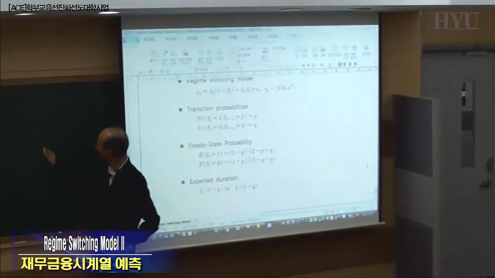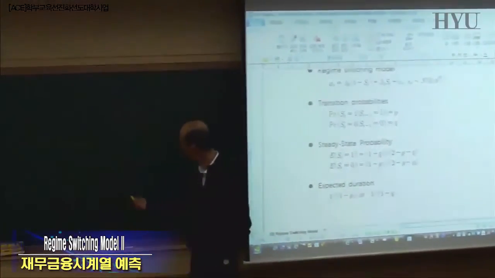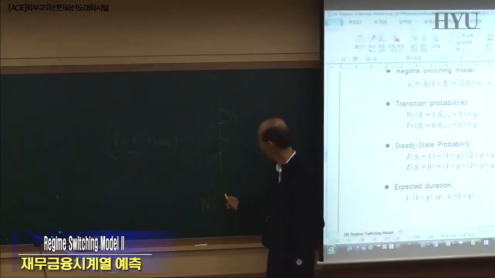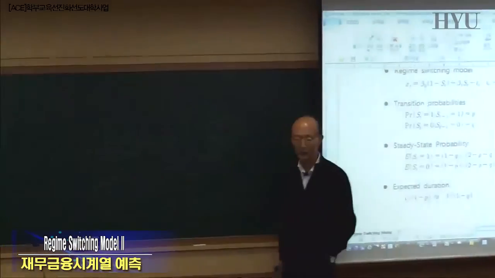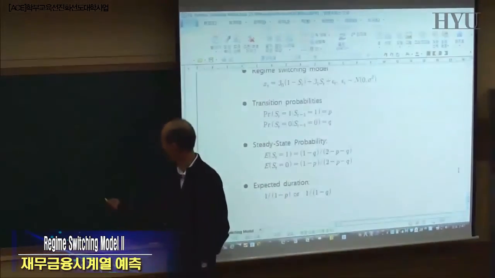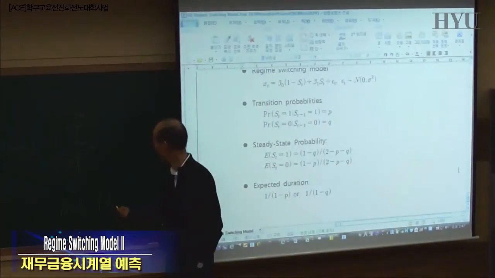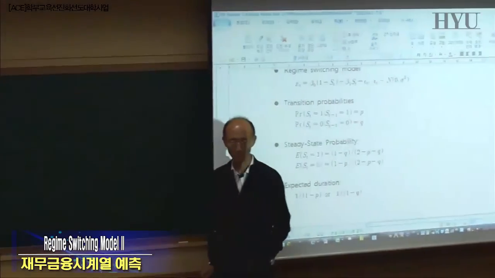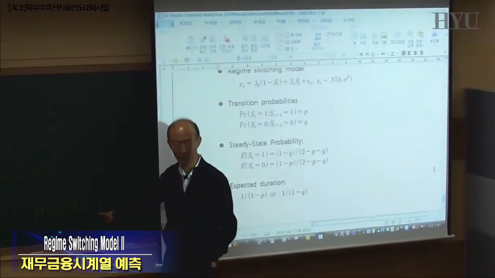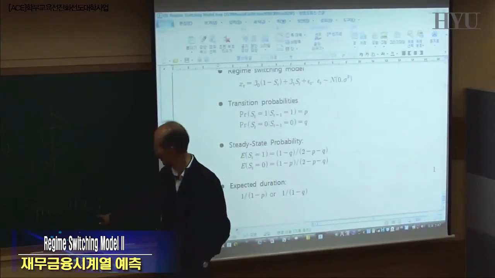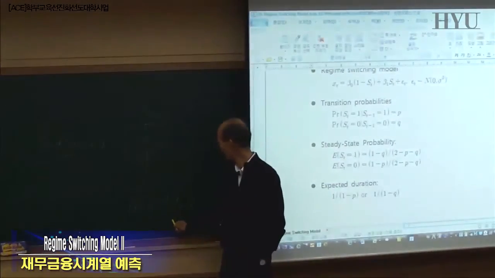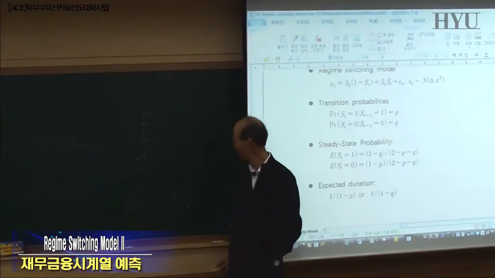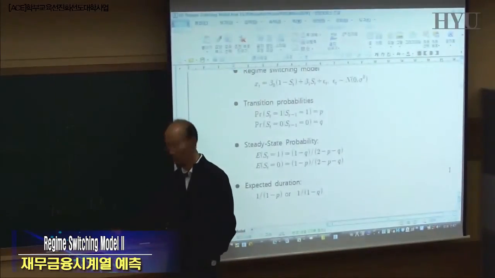So when you calculate probability, you can think of, let's say, the probability that the current state is 1, conditional on all the information available up to t. We can also think of this using the information set up to the previous period.